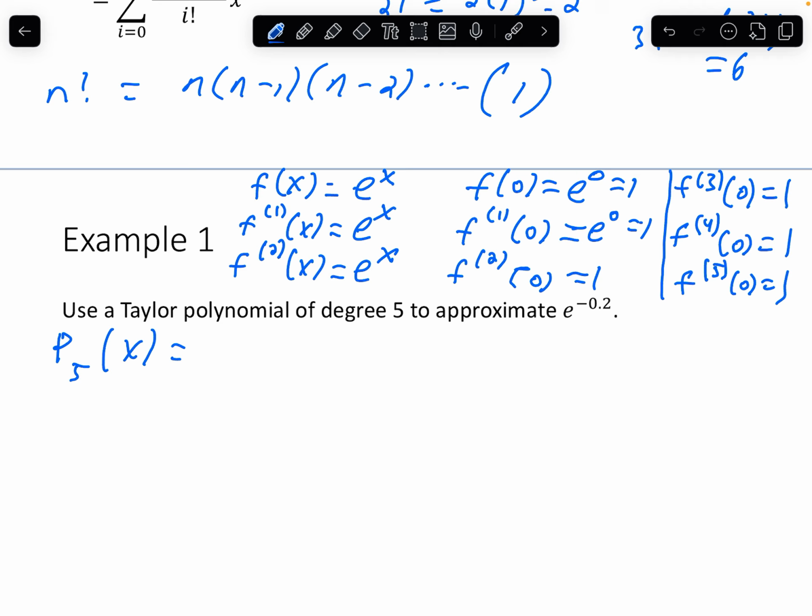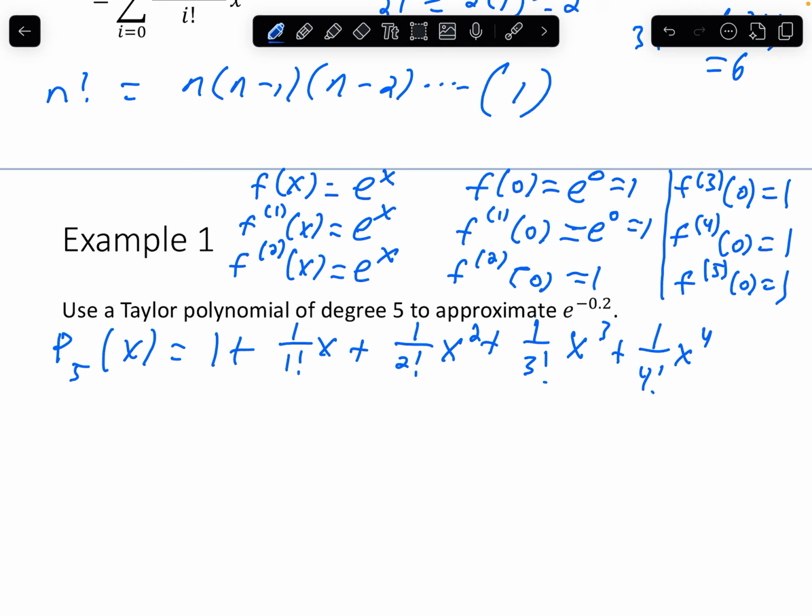the actual polynomial for this, before we write it for e to the negative 0.2, the general polynomial is p sub 5 of x, which is 1 plus 1 over 1 factorial times x, plus 1 over 2 factorial times x squared, plus 1 over 3 factorial times x cubed, plus 1 over 4 factorial times x to the 4th, plus 1 over 5 factorial times x to the 5th.